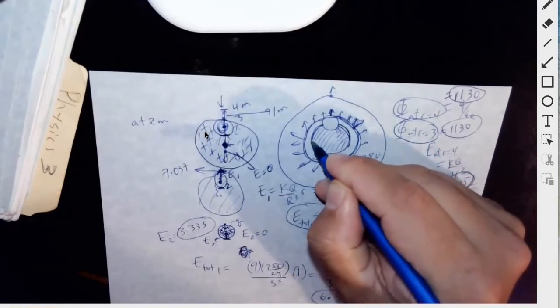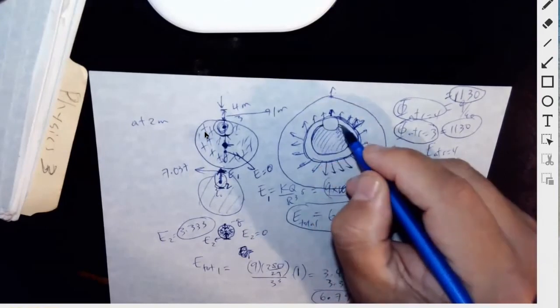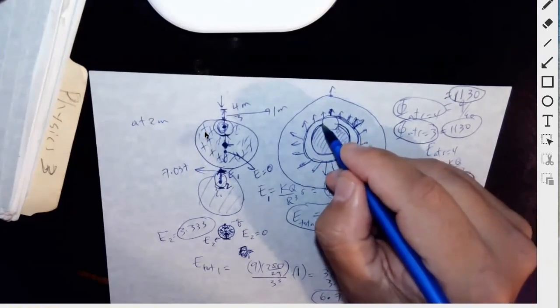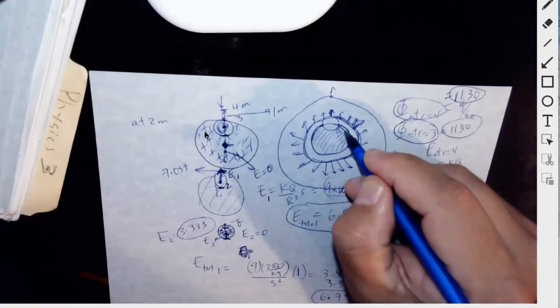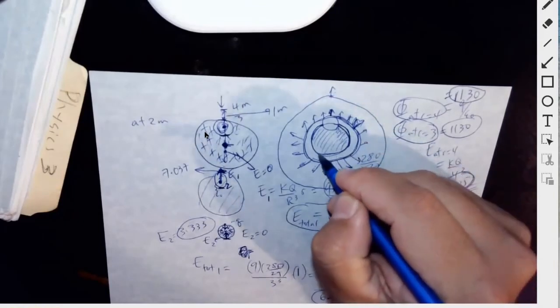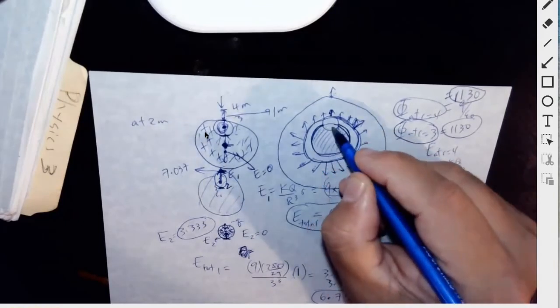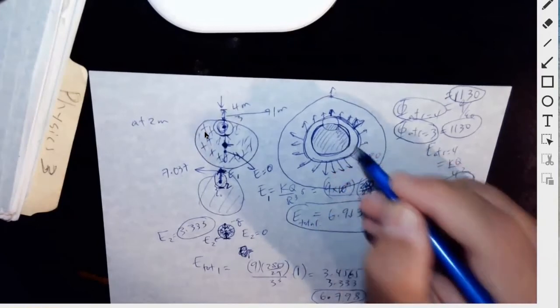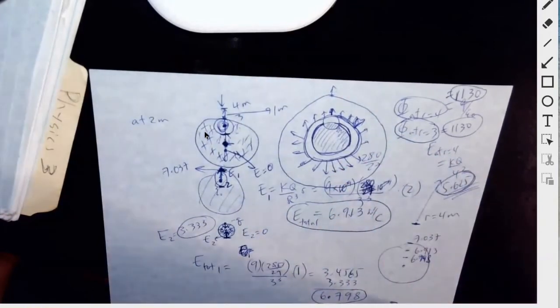Actually, it's not that bad. You take the volume of this and then take this chunk out. Then that'll give you the flux at 2 meters.